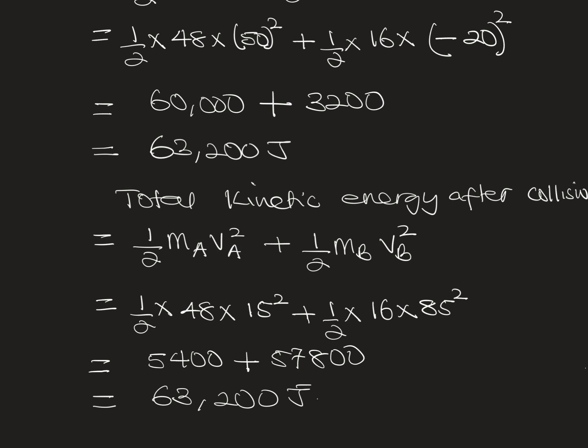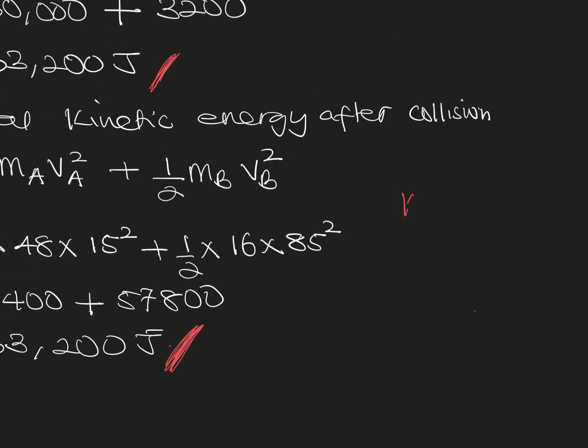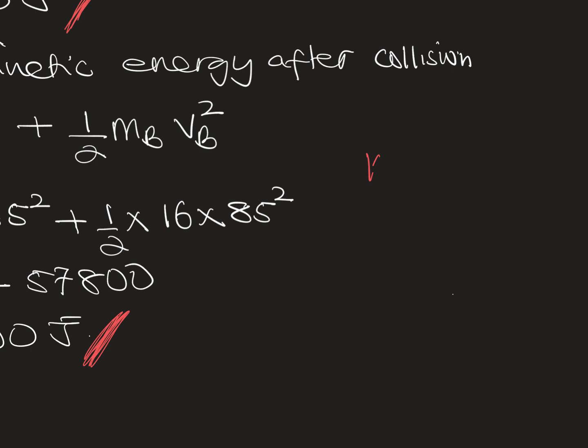If you compare the total kinetic energy before collision with the total kinetic energy after collision, you find that they are the same. This is what we mean by kinetic energy being conserved. So kinetic energy is conserved.